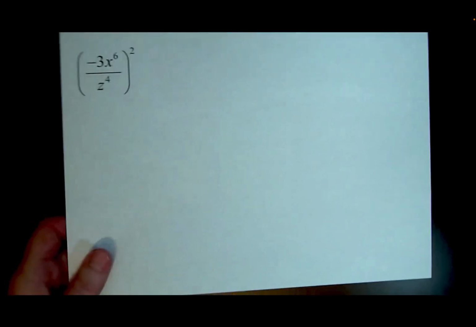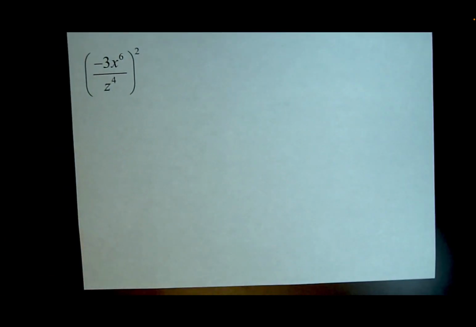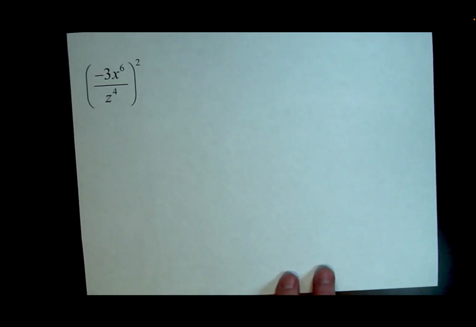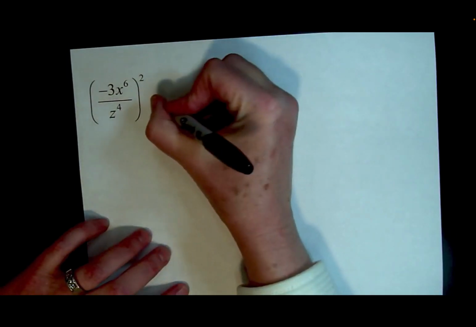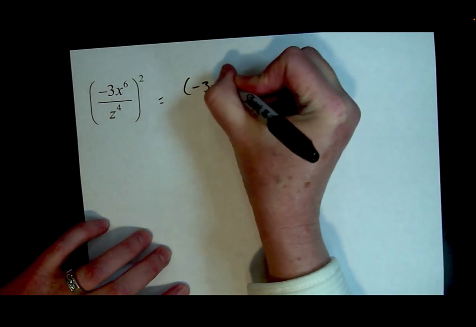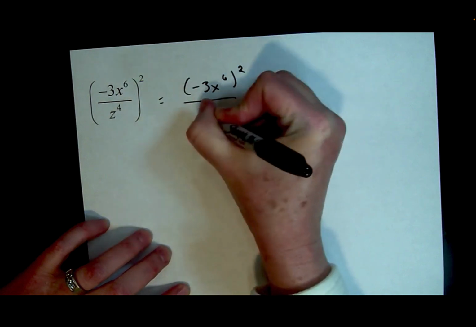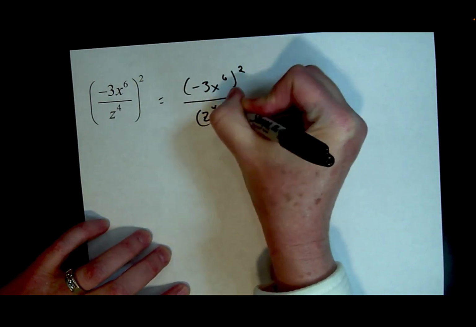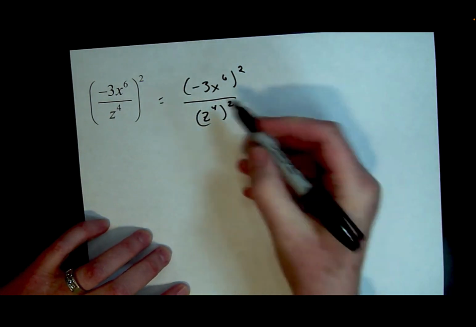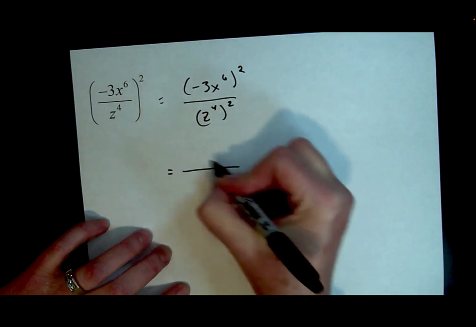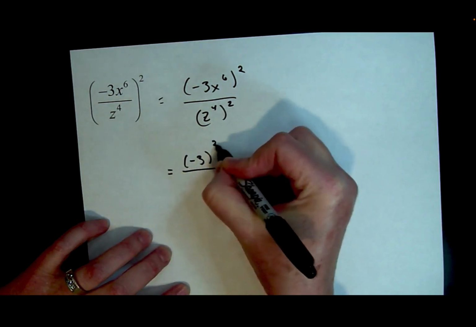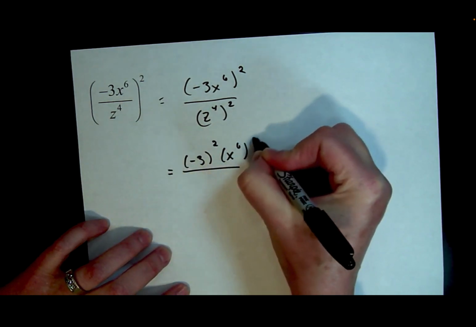Okay, going on to the next one. I've got a fraction raised to a power. So both the numerator and the denominator get the power. In the numerator, we have a product. So each factor gets the power.